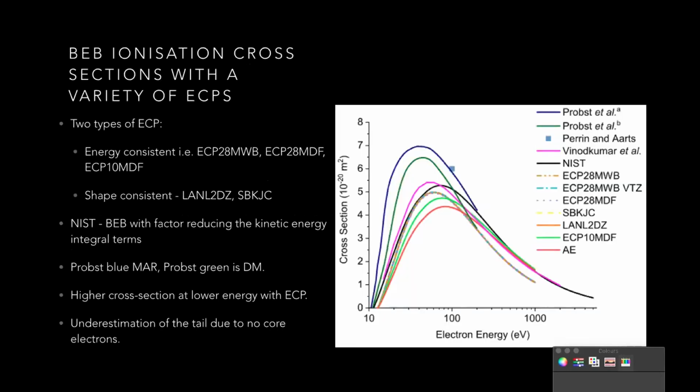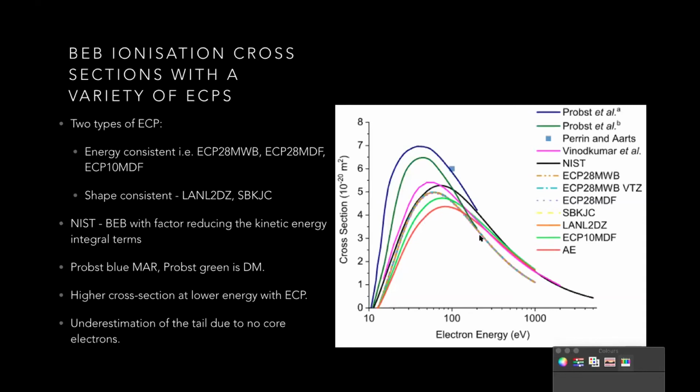So this is the BEB cross-section for germanium hydride. And we can see on this graph various different ECPs, but most of them are all lumped together. So this red line here is the all-electron calculation, performed with cc-pVDZ.